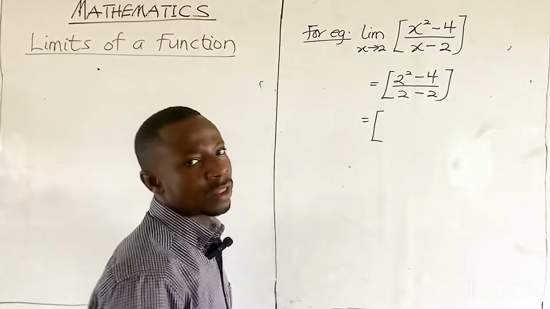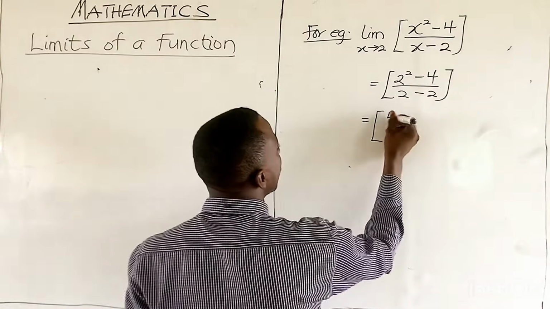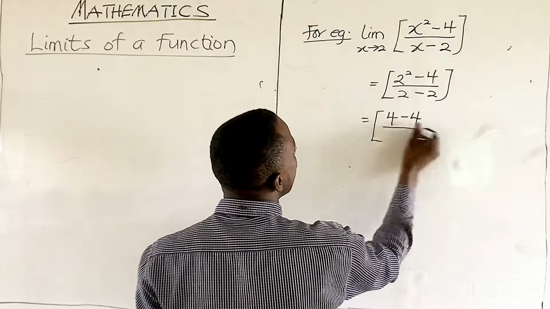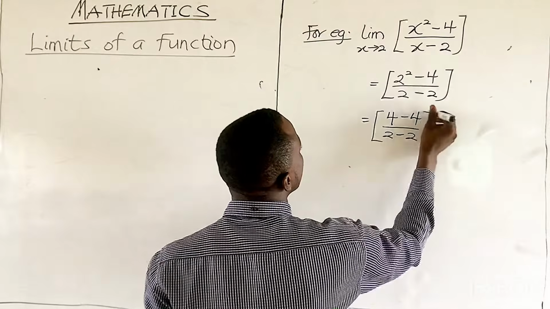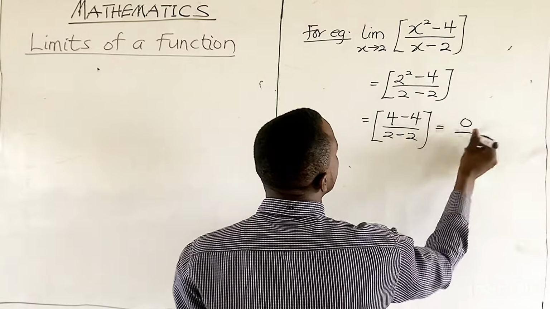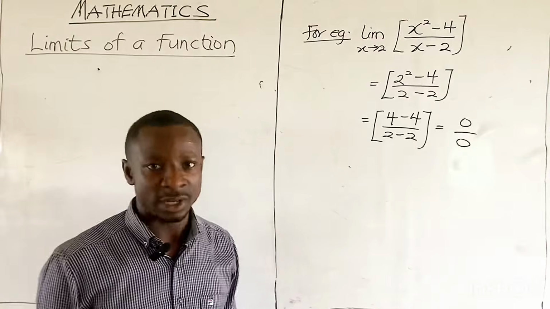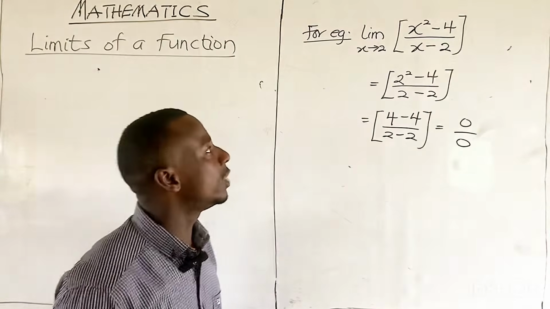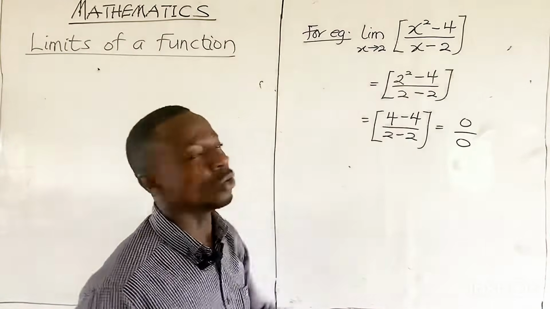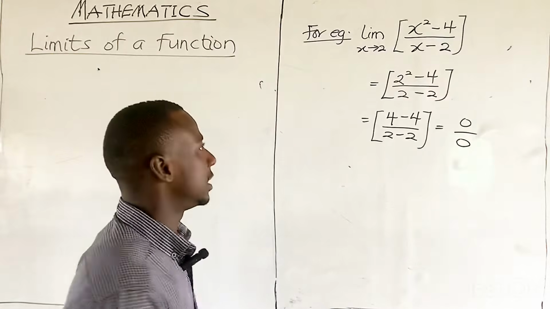We all know that 2 squared is 4, so 4 minus 4 over 2 minus 2. Then basically, we are going to have 0 over 0. So in this case, we need to factorize.